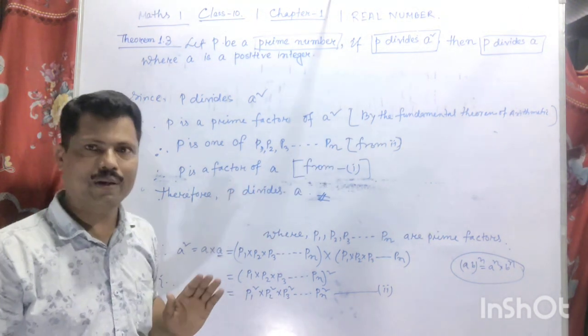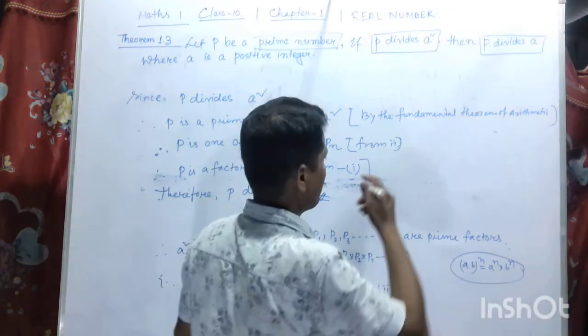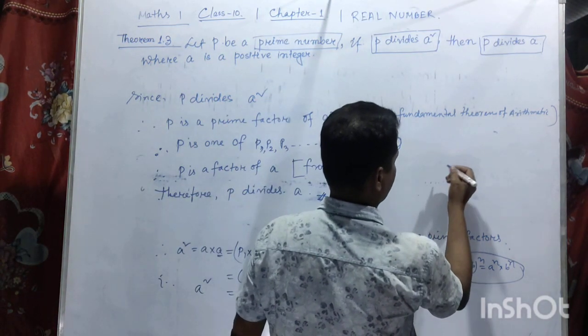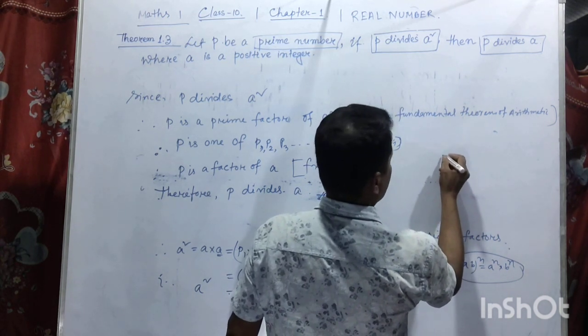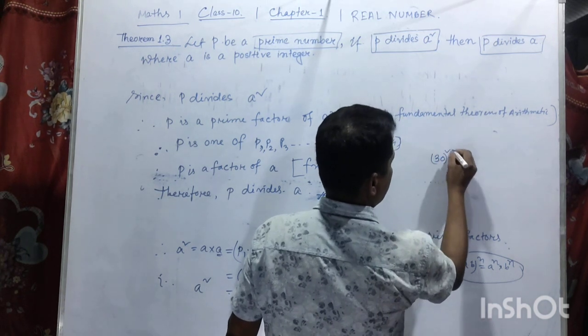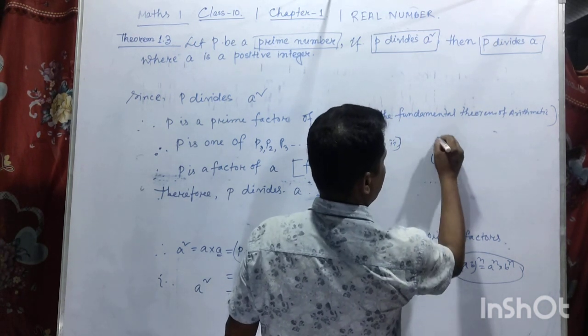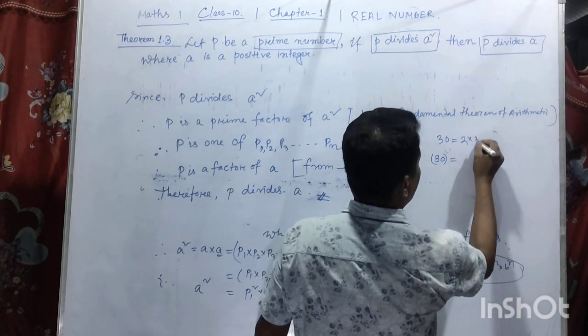Like this, one example is given, and one more example we can take here. If p divides a square, if we let it be 30, then for 30 square, first we have to find the prime factors of 30: 2 into 3 into 5.